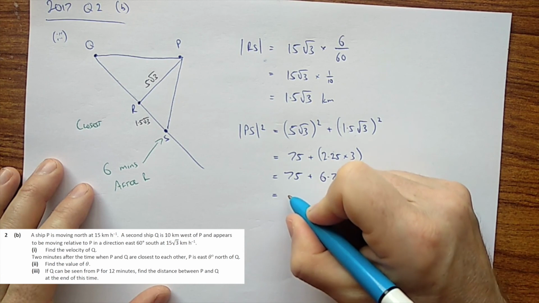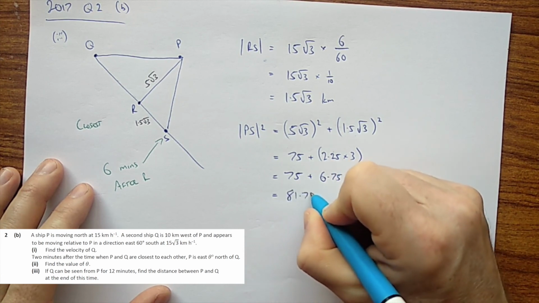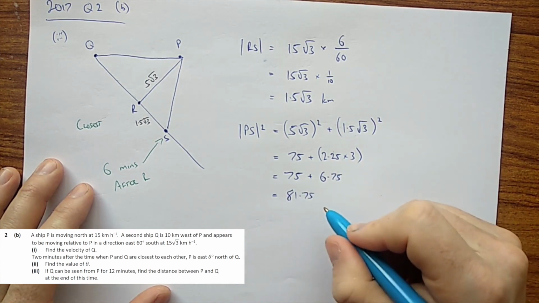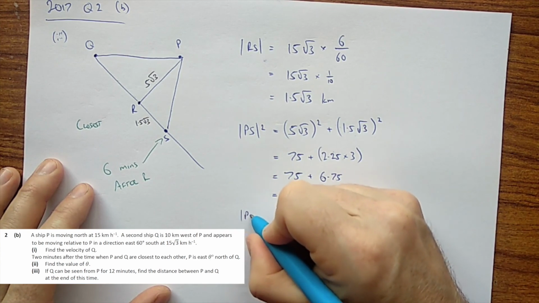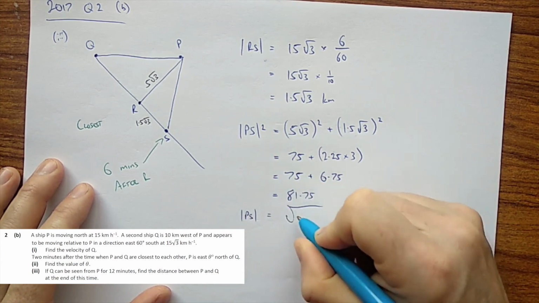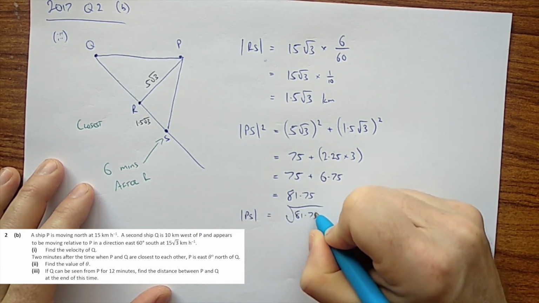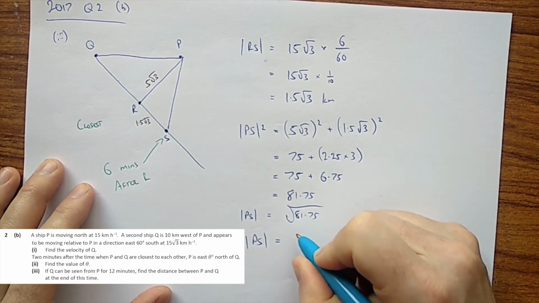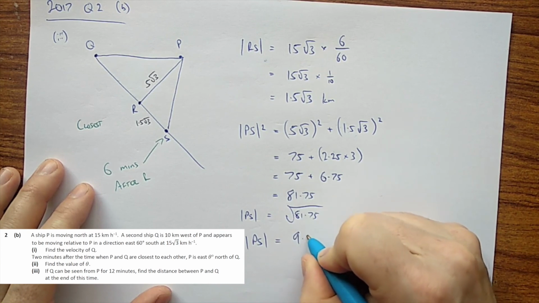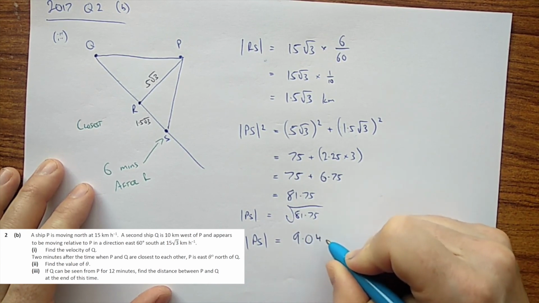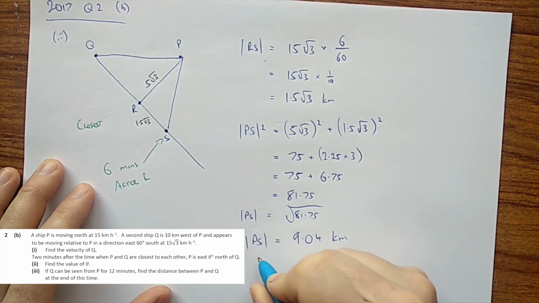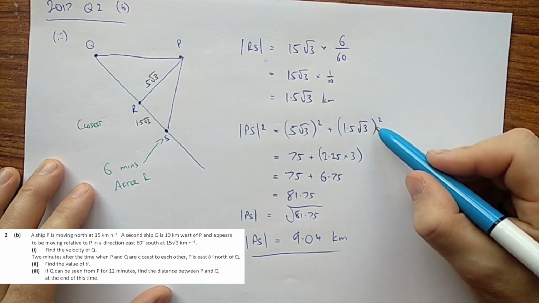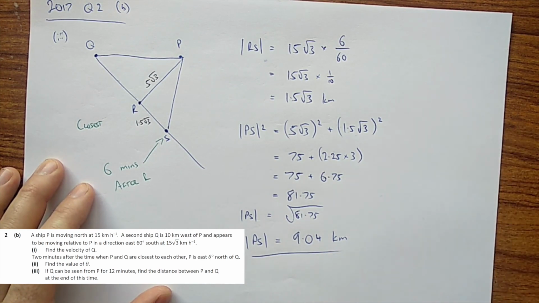Okay, and that becomes 81.75. It's going to be a little bit bigger than 9. So PS is the square root of that. If you put that all through, it comes to 9.04 kilometers. And there we have it. Or stick that in your calculator and you'll get that. Happy days.